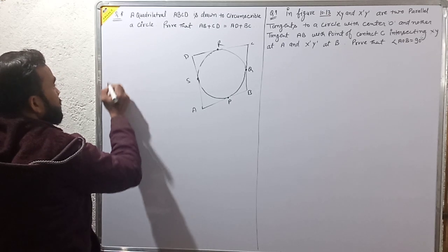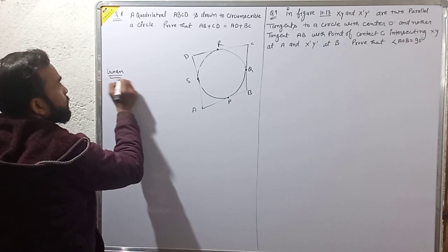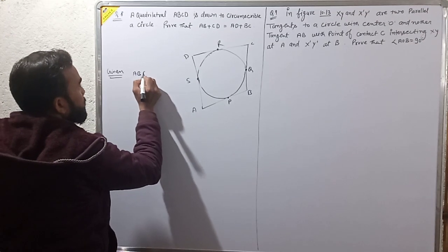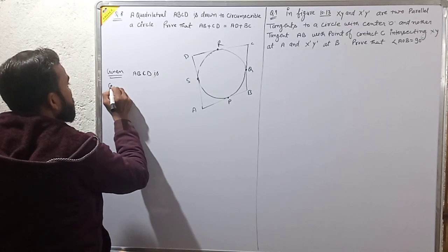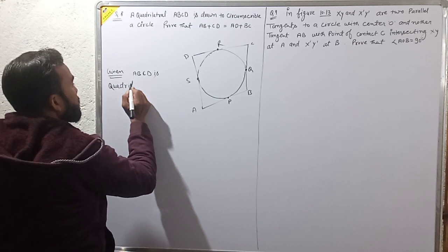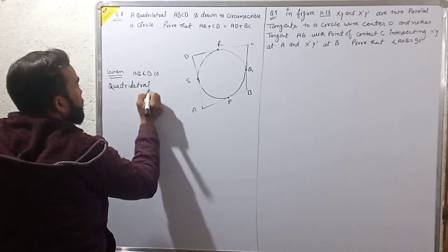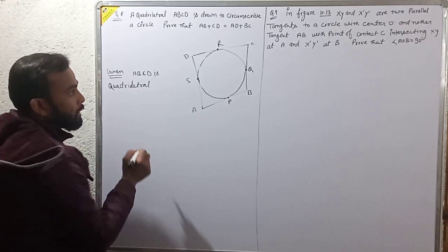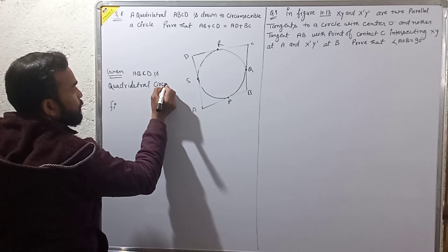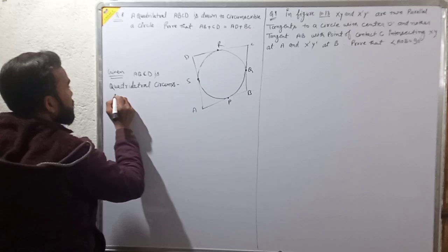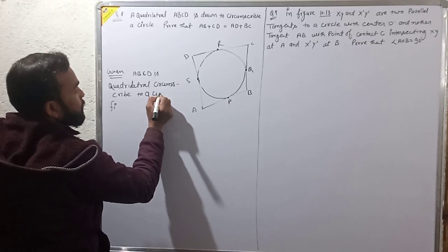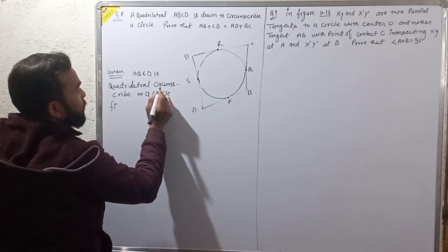Question is given that ABCD is a quadrilateral circumscribed to a circle.